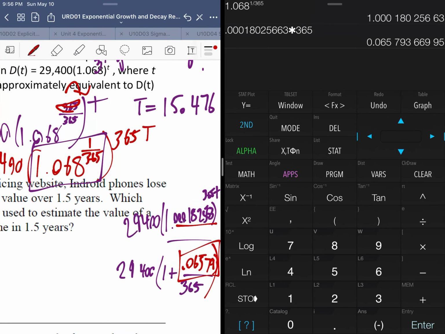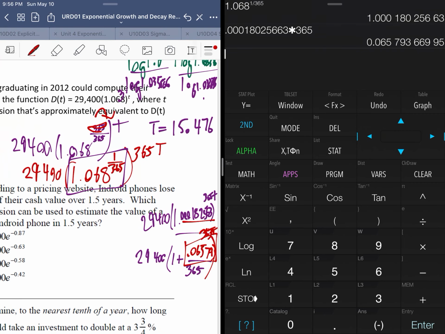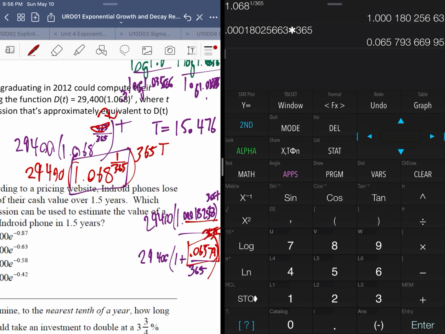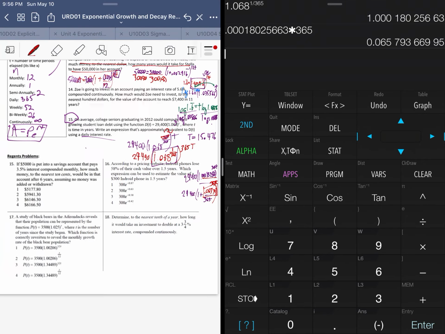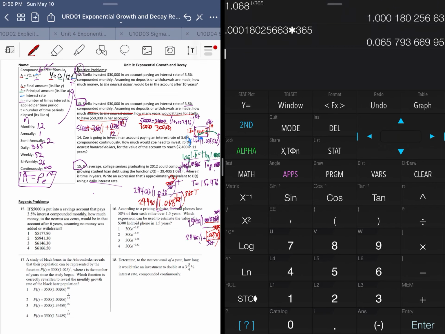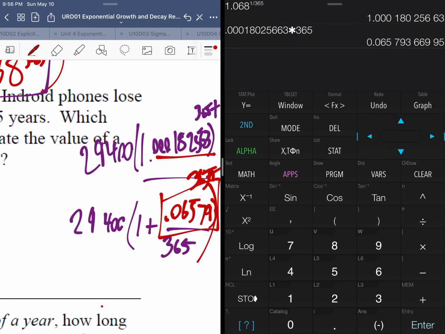So all this is to the power of 365t. So this is now written as a 6.5% daily interest rate, which is the same thing as a 6.8% interest rate yearly.